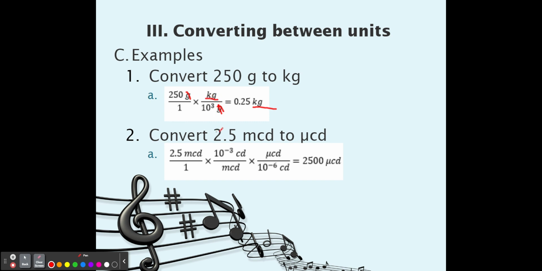All right, convert 2.5 millicandela to microcandela. So remember, CD is its own unit. That's why most of our units are just one letter, and these are two, and they're same letters that can be used. The prefixes have like centi and deci, so it can be kind of confusing when we've got the candelas.